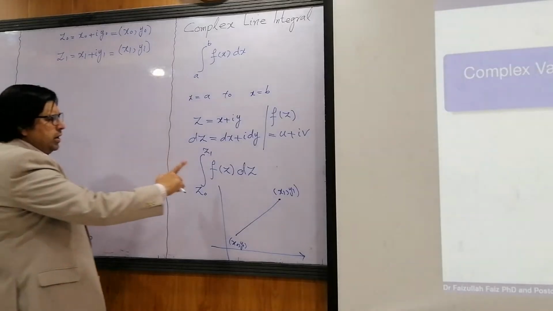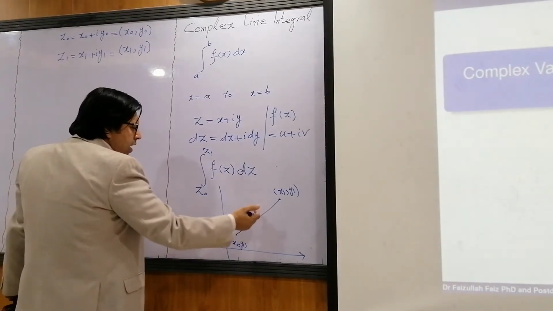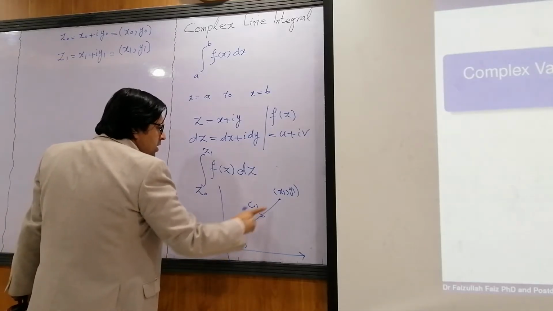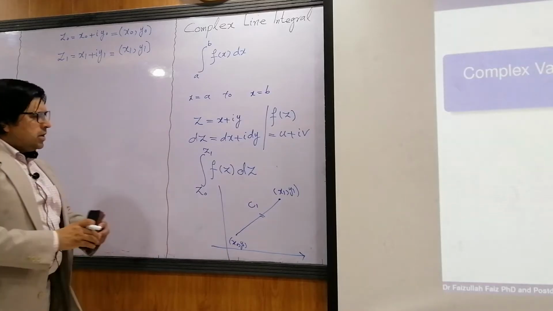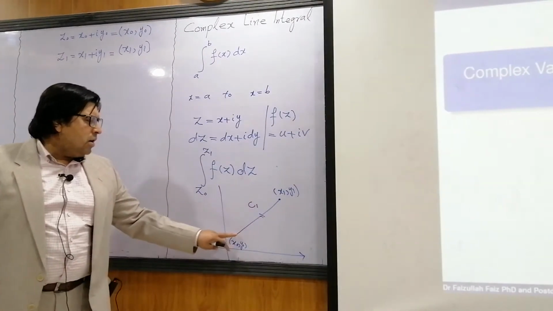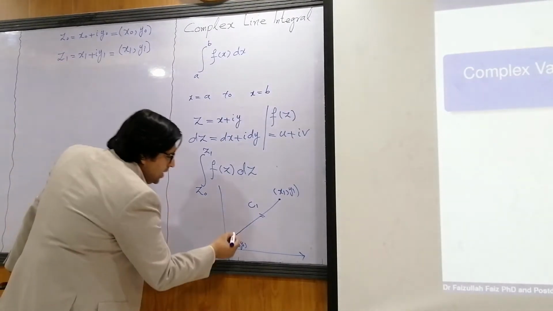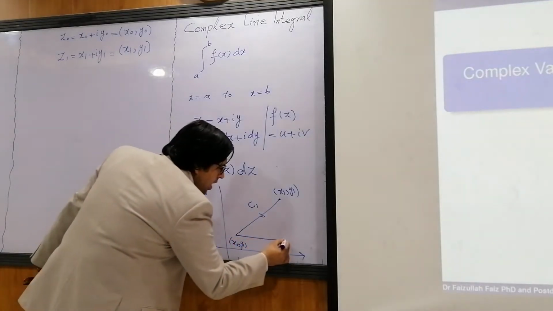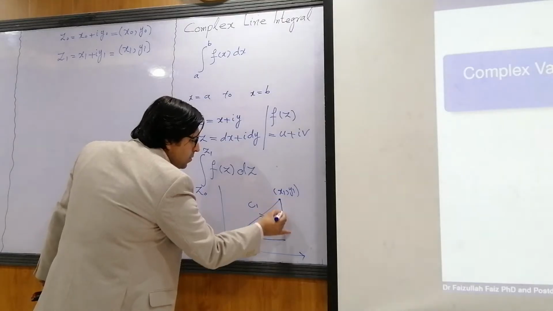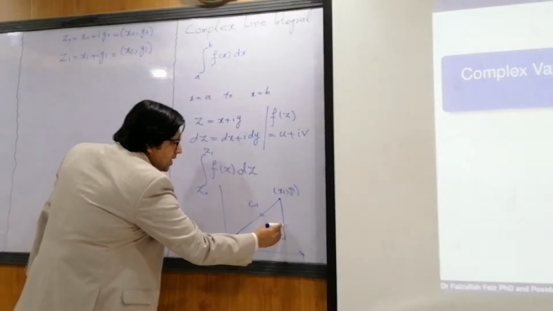Now if I have to integrate this function f of z, I need a path. You can see that one option I have is this curve, which is a straight line. So for the complex integration, I need a curve or a path of integration. But I can also obtain another path. If I come from this point to here, and from here to this place, then this is another path.